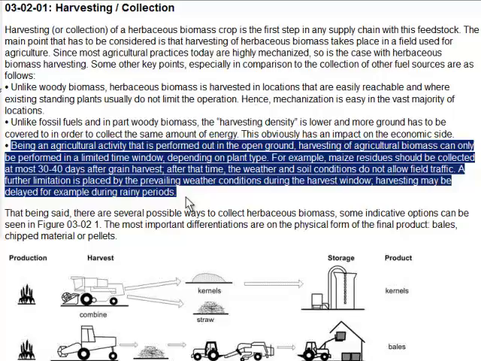For example, maize residues should be collected at the very most 30 to 40 days after the grain has been harvested. With herbaceous biomass, you have specific times to access it, and it can only be harvested at these times.